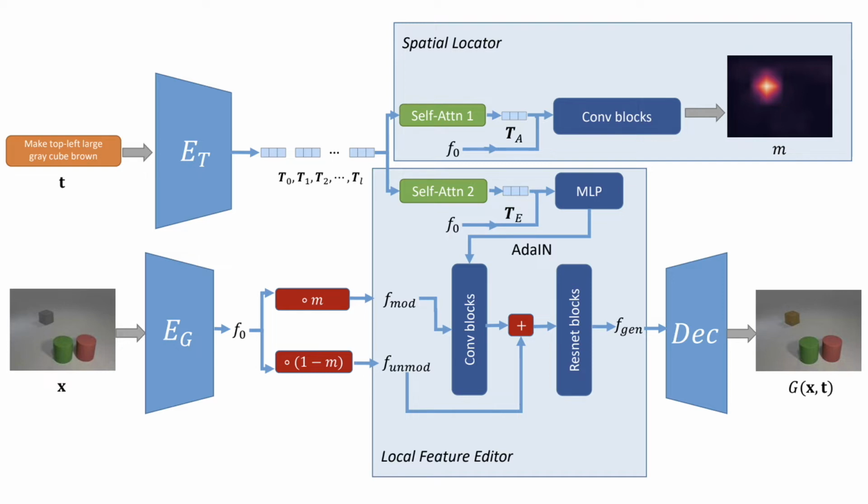Then we put the entire feature into additional ResNet blocks to generate a final modified image feature, and then we decode this image feature into an RGB image.